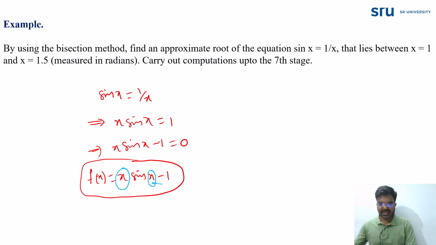So only here you can write degrees or radians. So you can't write degrees here. That's why always we have to use x in radians. You can also see in the given question, already given the interval x equal to 1 and x equal to 1.5. These values are considered in radians.